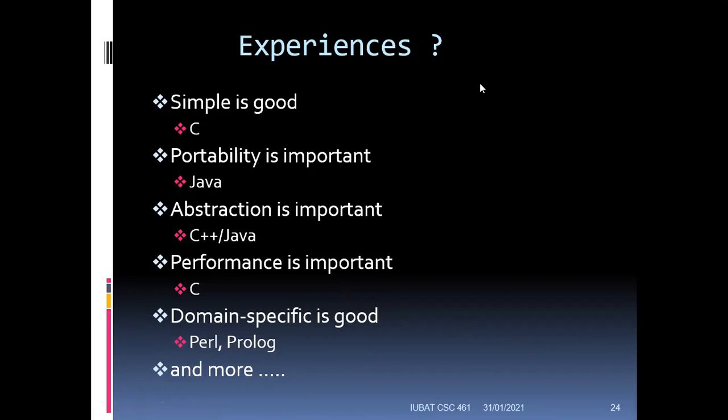So what you do is repeat these criteria one by one. You first ask yourself what you actually need. Let's say you are a software engineer at one of the top companies, and you have to make a decision about how you will develop this project. That project needs to be simple, it needs to be portable, it needs abstraction, and performance is also important.